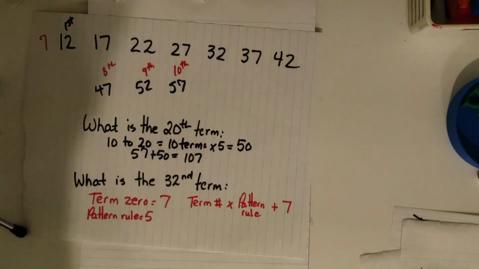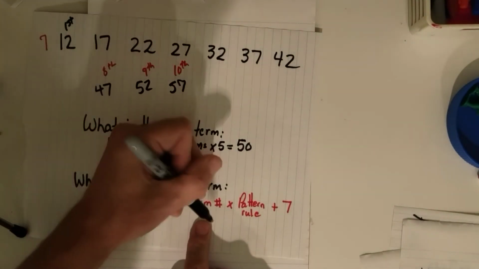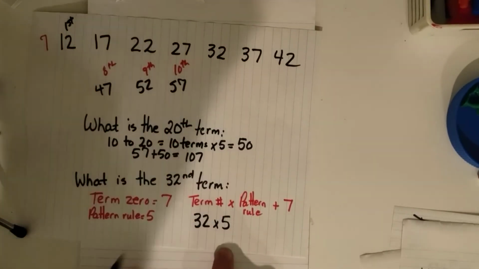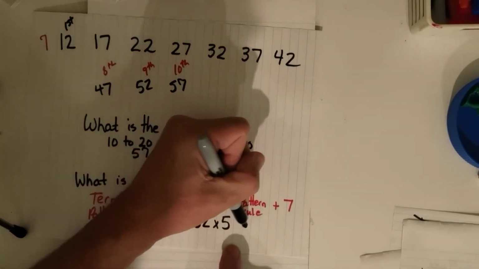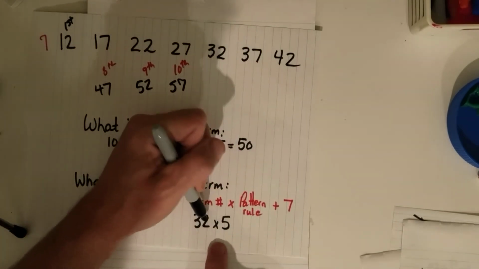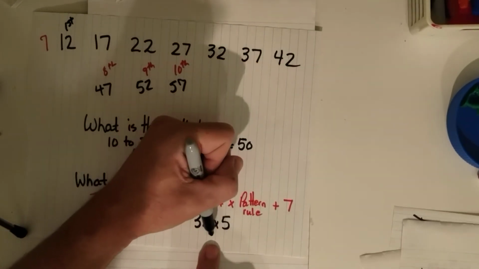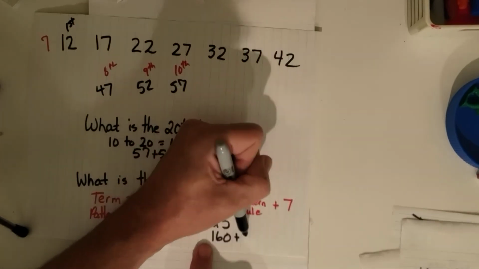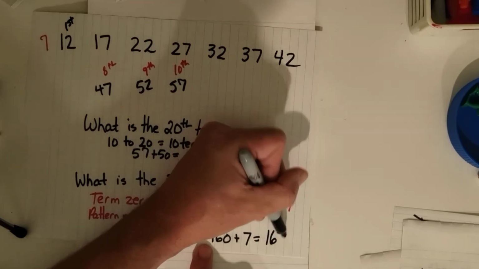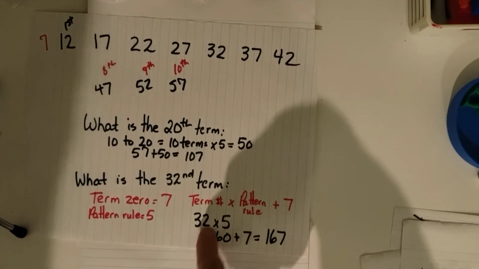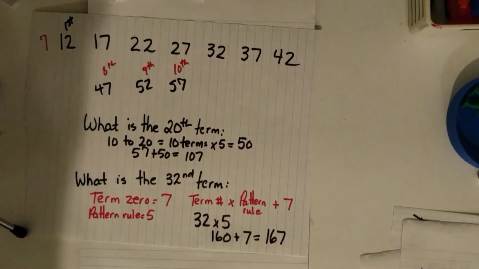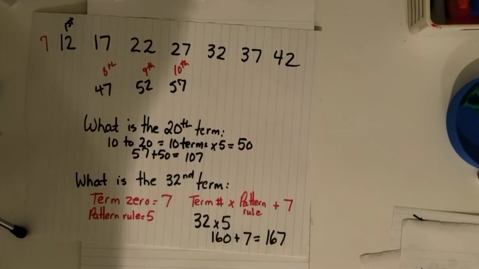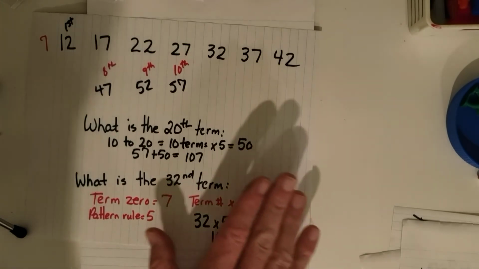So in this case, we could take 32 times the pattern rule, which is going up by 5, so times 5, and then we multiply that, which is 160, plus 7 gives us 167. Okay, I would expect them to use a calculator for that, not to be able to do it without that. But that's another way that we talked about doing that.